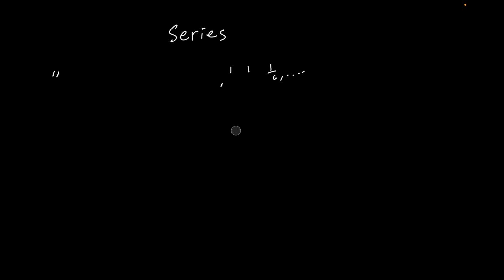So now we're going to look at how we write series. This is how we usually write series: a1 plus a2 plus a3 plus a4, all the way on. The notation we use is called sigma notation, and it looks like this.